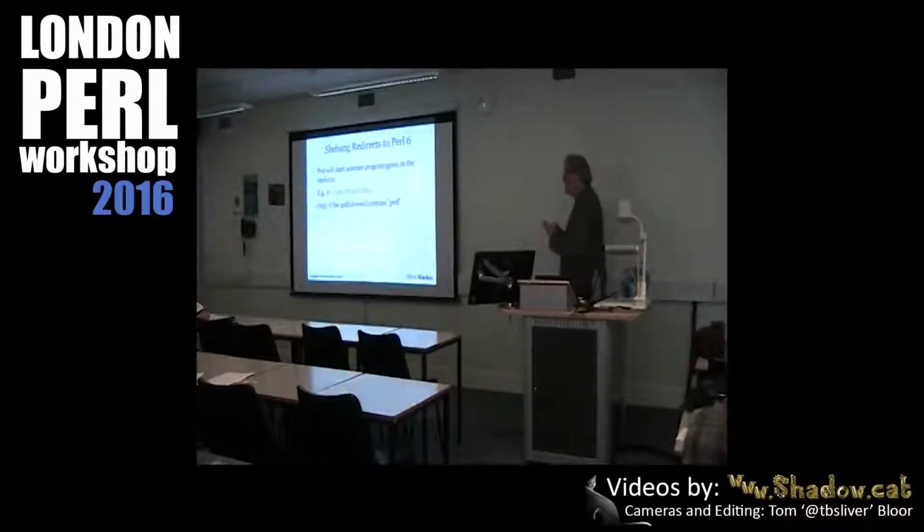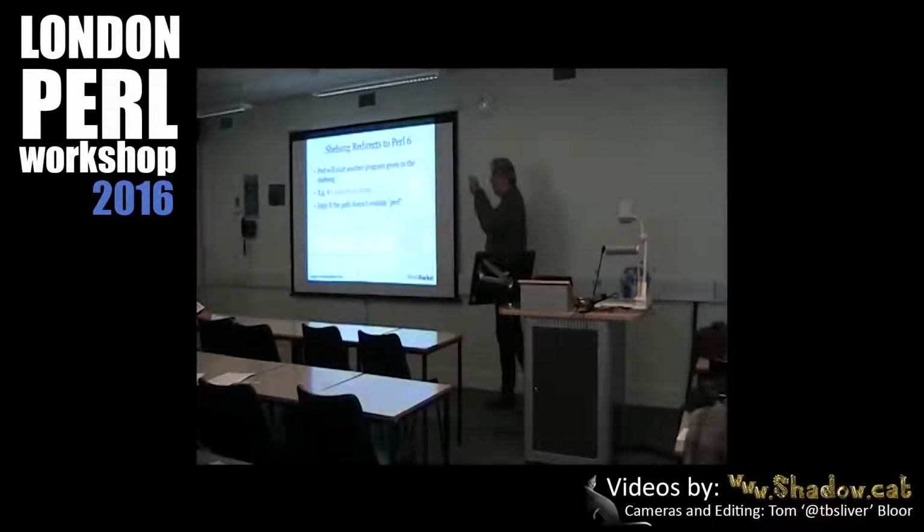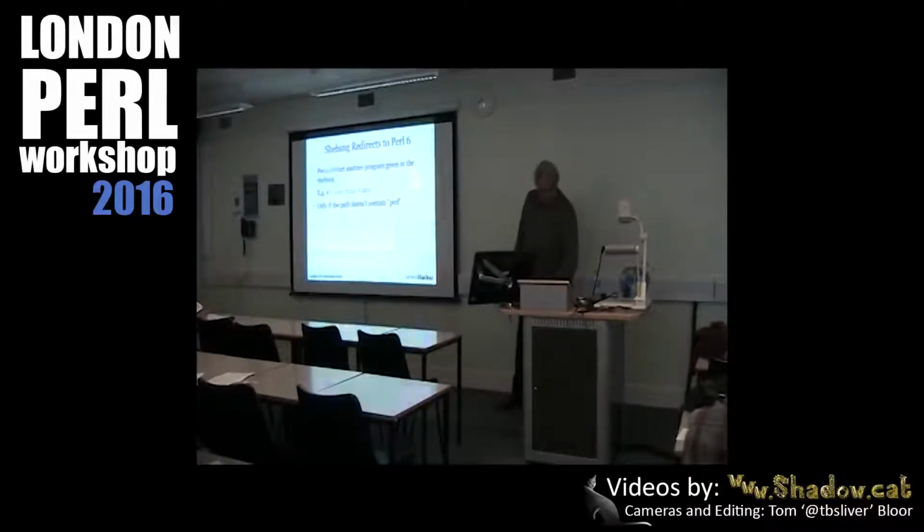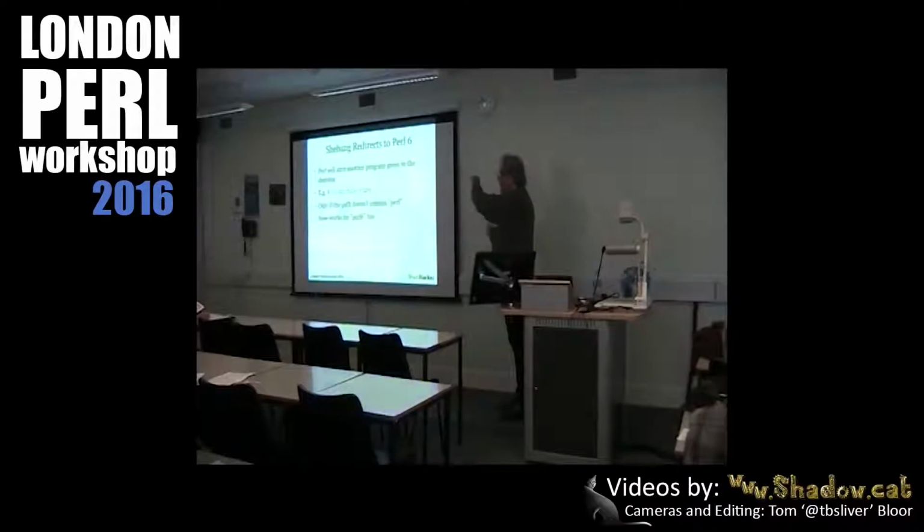But there used to be an exception that if the path contained the string Perl, it wouldn't do that redirection. But now if the shebang string includes Perl 6, it will call Perl 6. So now you can write a Perl 6 program, put the usual shebang with perl6 at the top, and then you can run it with Perl because it will be automatically redirected.